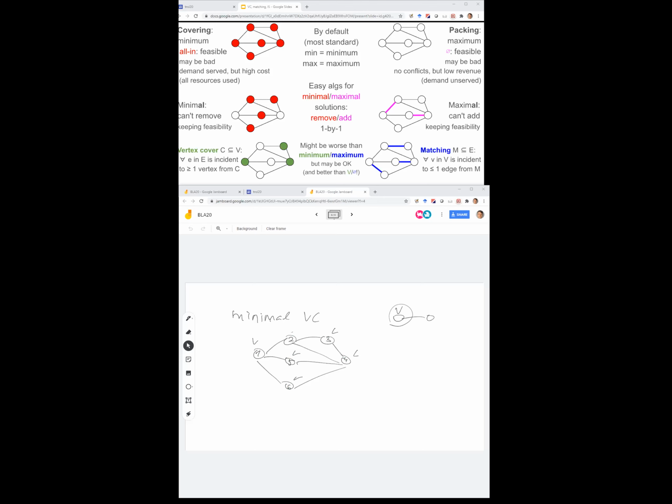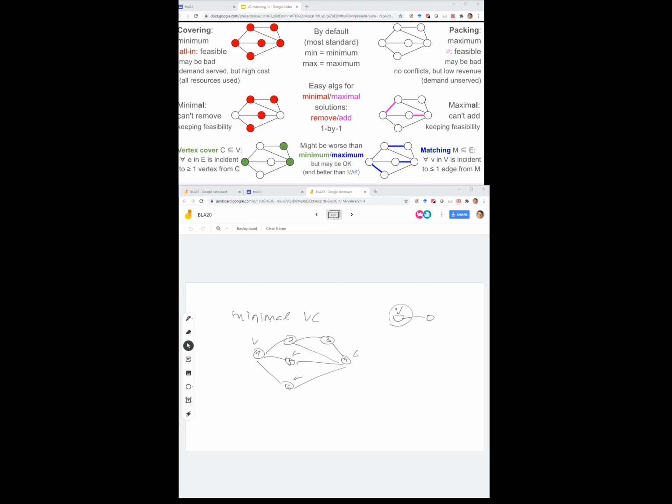Let's try removing some vertices. How about I remove this vertex, vertex number 3? Is it still a vertex cover? Do I still have a valid vertex cover? Or is there an uncovered edge?